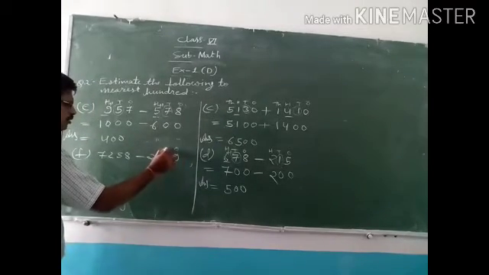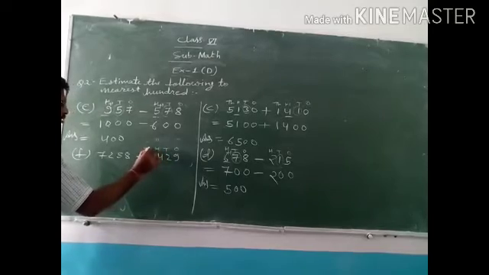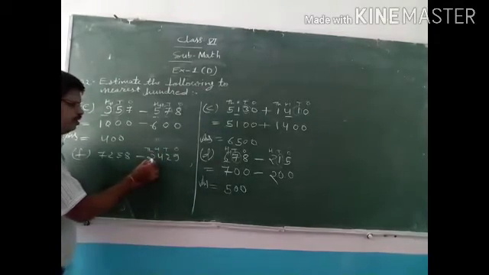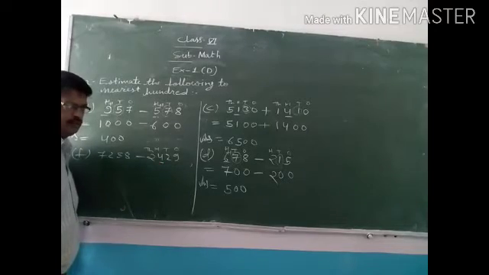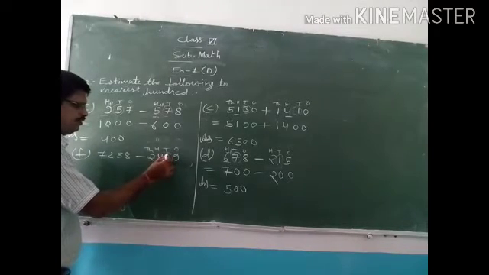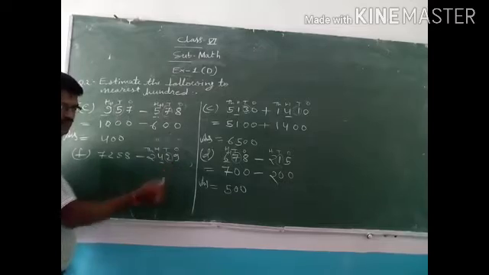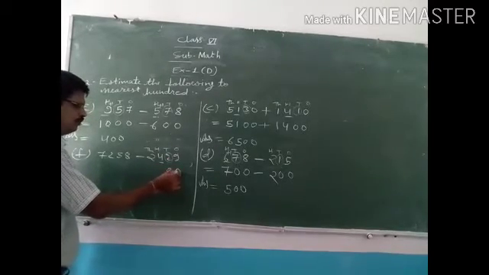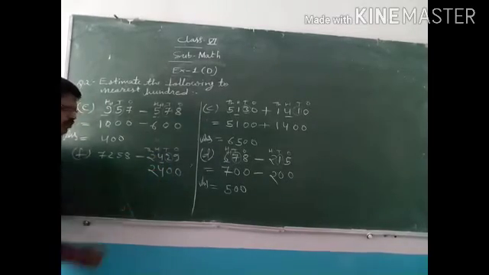So ones, tens, hundreds, thousands. Okay. So we have to round off to the nearest 100. So we will see tens place. Here is 5, no, here is 2 in 429... here is 2, which means less than 5. 5 से छोटा है. It will become 0. It will also become 0. And these both will remain the same, 2,400.